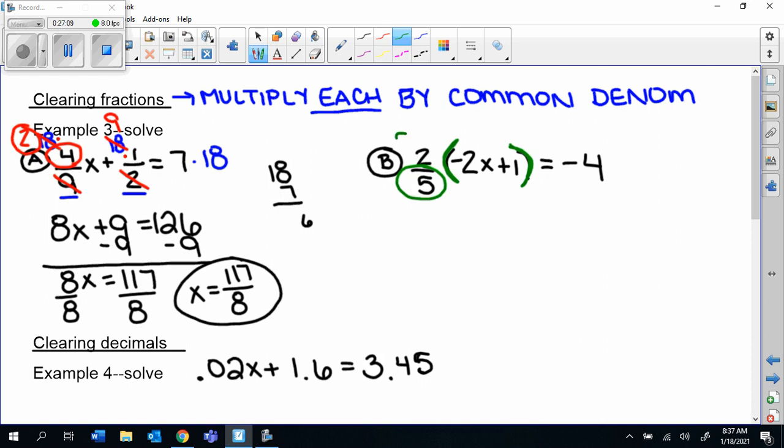So I'm going to put a 5 here. And what I do on the left-hand side, I have to do on the right-hand side. So I'm going to multiply by 5 on that side as well. So this is going to clear that out, and I'm not going to have that fraction anymore. And so now when I distribute, I don't have a fraction to distribute. I just distribute that 2.